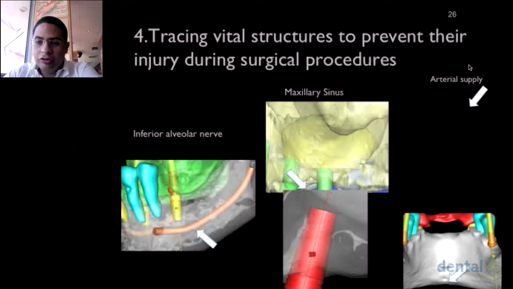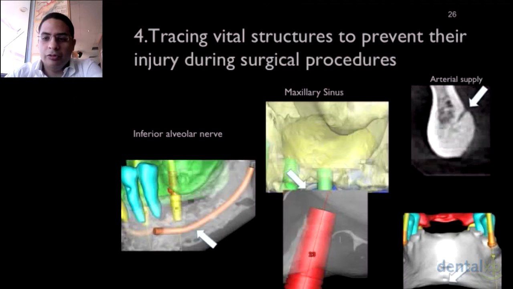Number 3 is seeing the arterial supply to the mandible, which is not usual for people to take care of, and you cannot see it by any other imaging modality apart from 3D imaging. Here there is a cross section in the mandible, and on the lingual side we see this canal, which is the entry of the sublingual or submandibular artery into the mandible.